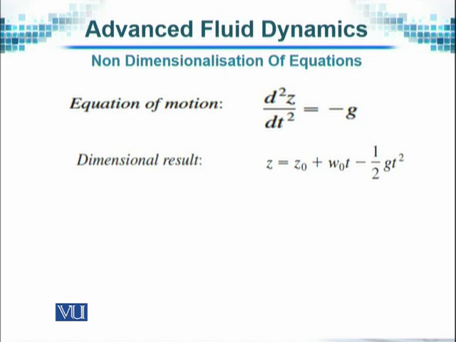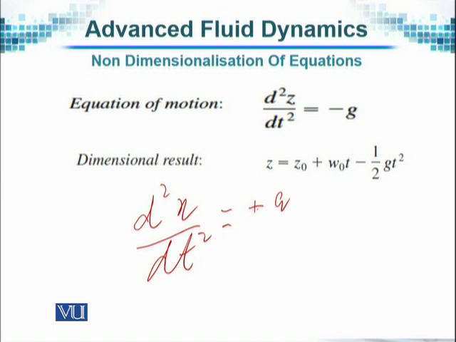We have equations of motion, F is equal to ma, or in gravitational forces, d2z by dt square is equal to minus g, or this can be the same as d2x by dt square is equal to minus some other term, or plus a.